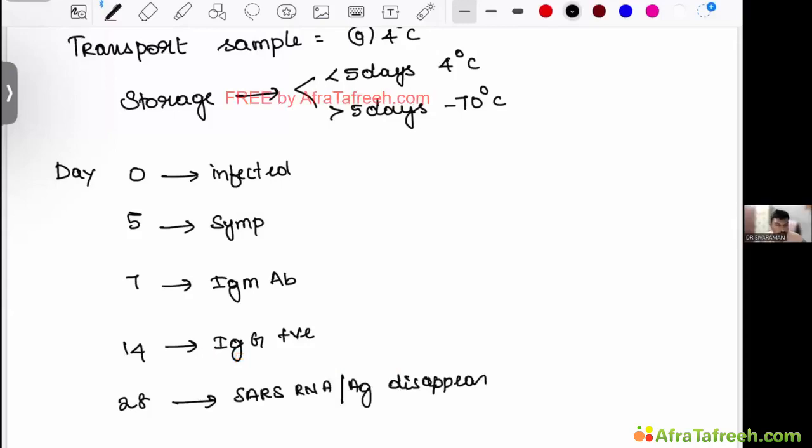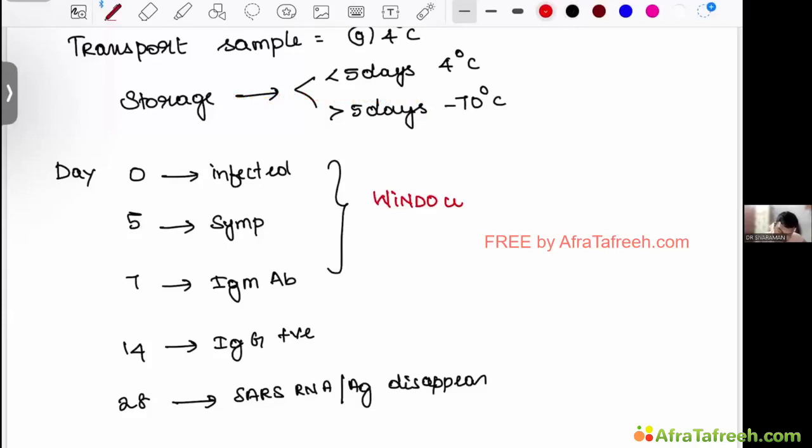The first 7 days, where your IgM antibody starts appearing, this period is called the window period, where the patient has mild symptoms and antibodies have not yet occurred.